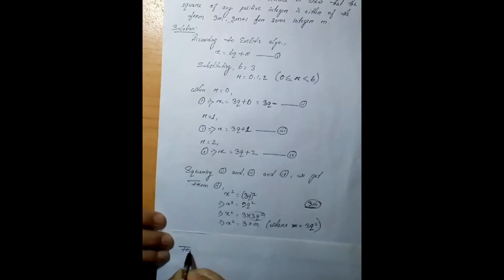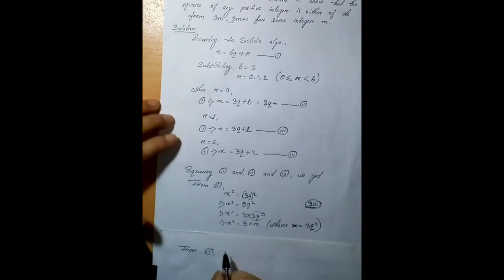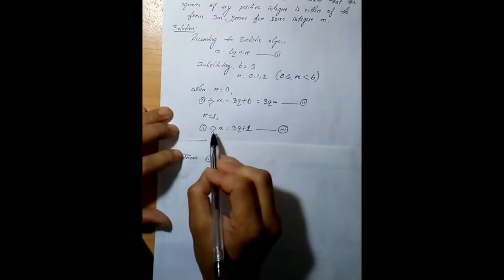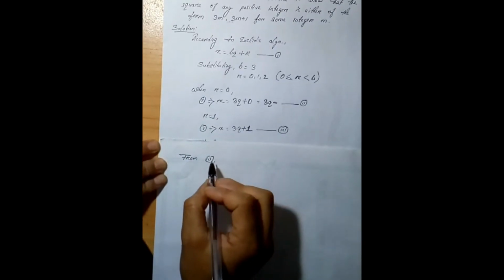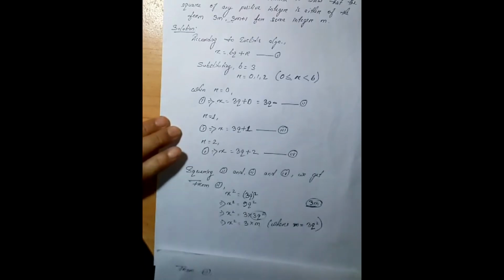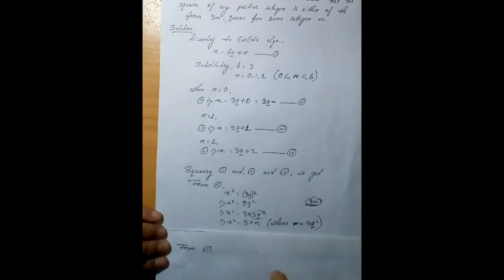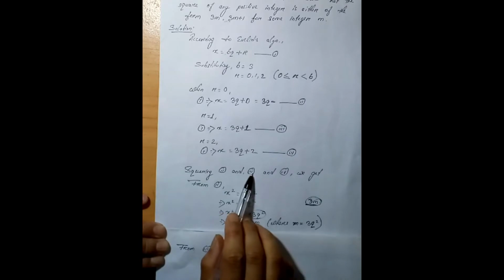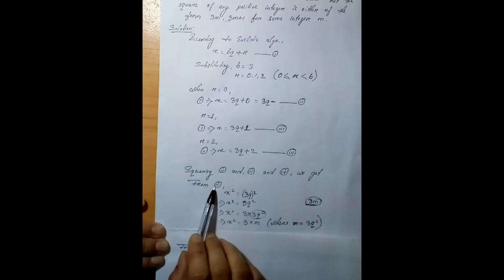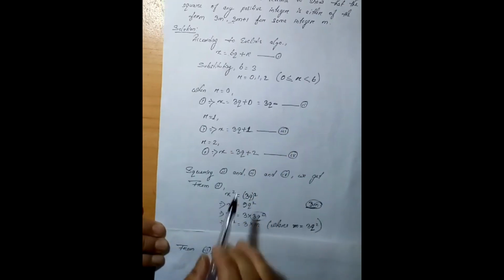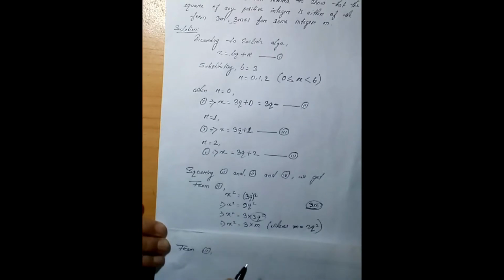So this is equation 3 after squaring. After squaring 2, 3 and 4, from 2 we have done, and from 3 now we are doing.